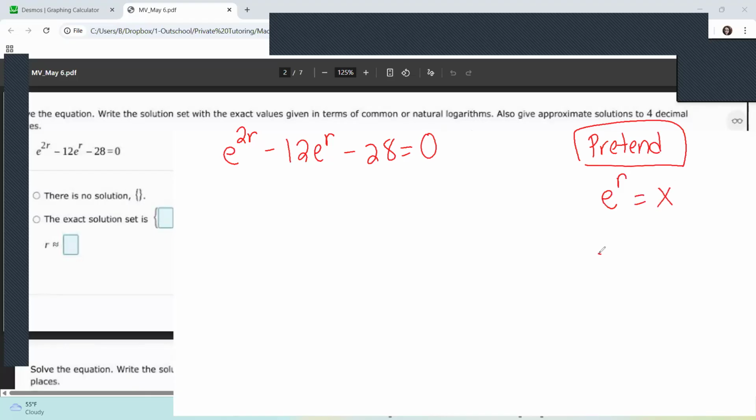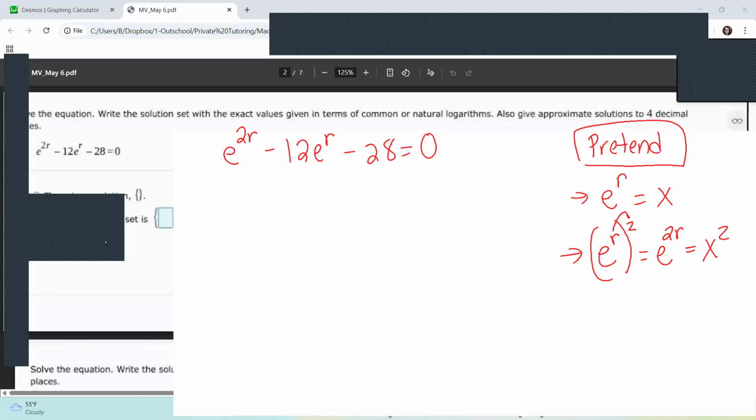And then if you squared that, e to the r squared, a power to a power, you multiply. r times 2 is 2r, and if you square this side, we'd square x. So this is x squared.